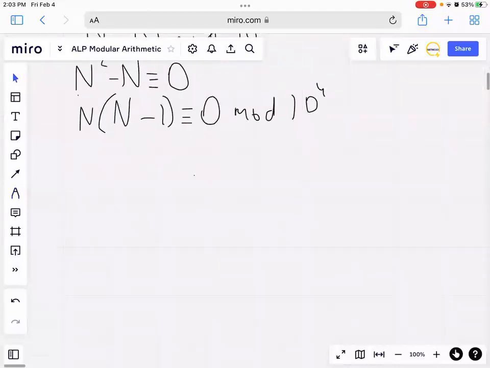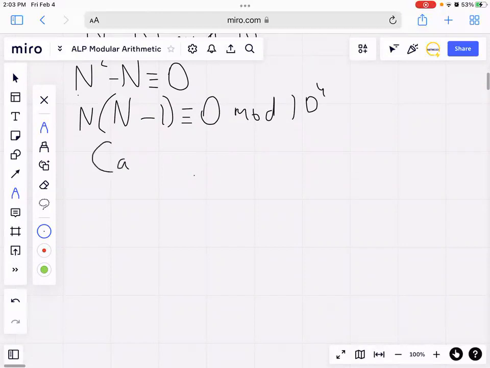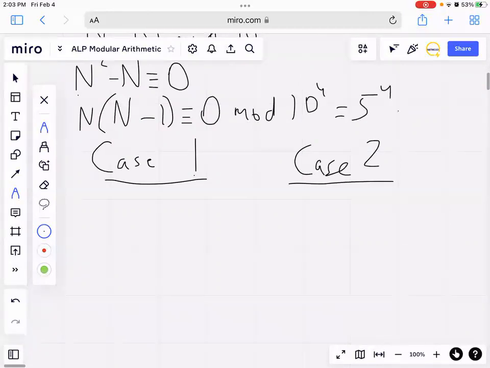So what this means is that n times n minus 1 is a multiple of 10 to the power 4. And note that n and n minus 1 are relatively prime. So this gives us 2 cases. 10 to the power 4 equals just 5 to the power 4 times 2 to the power 4.